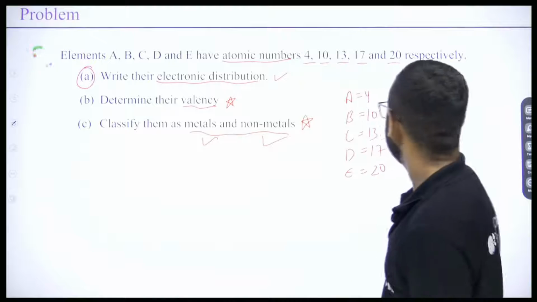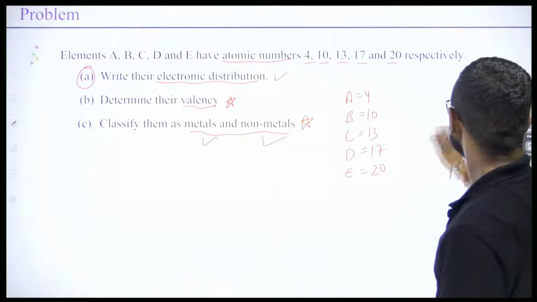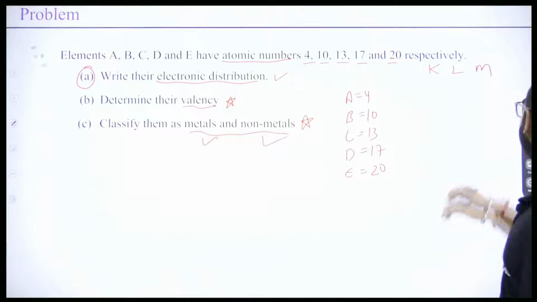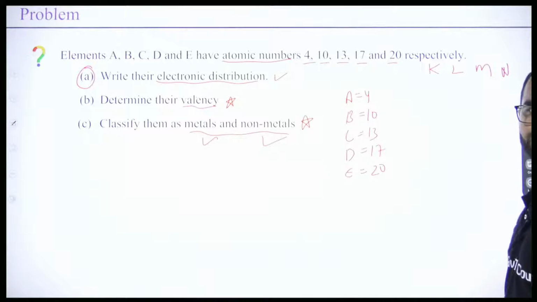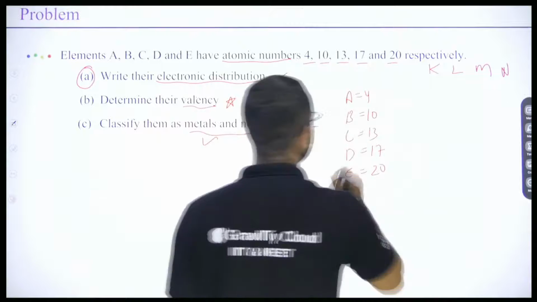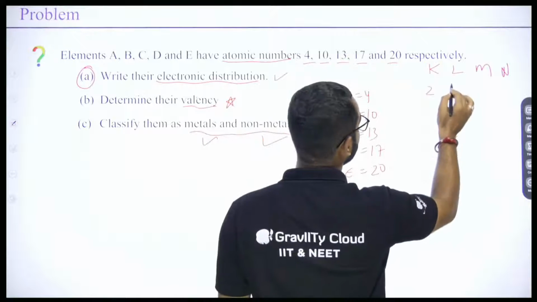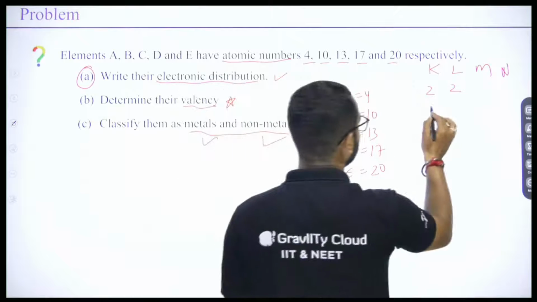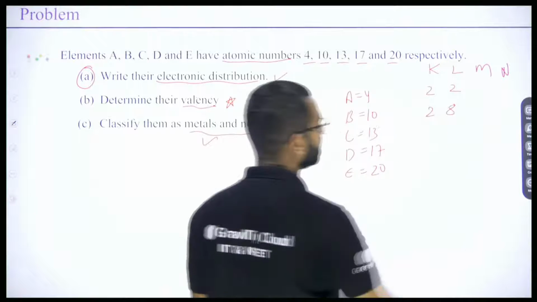So now let's write it. K, L, M, N. A has 4 electrons, so it is 2, 2. B has 10 electrons, so 2, 8.